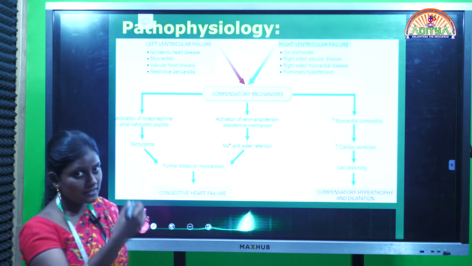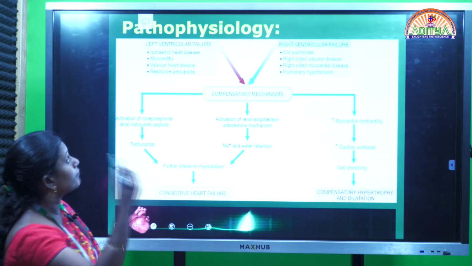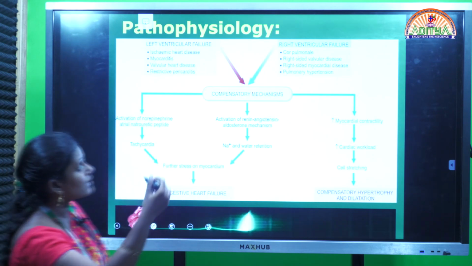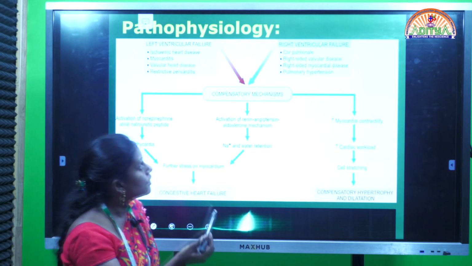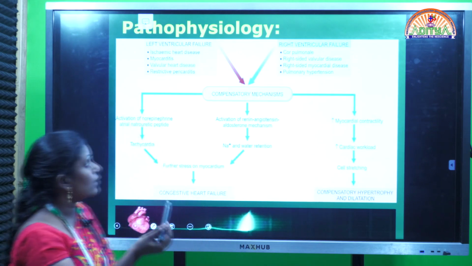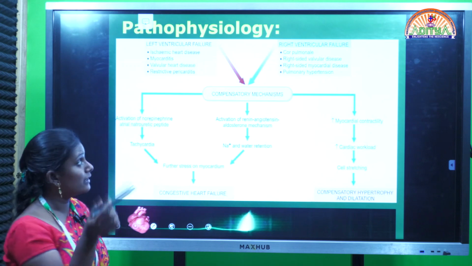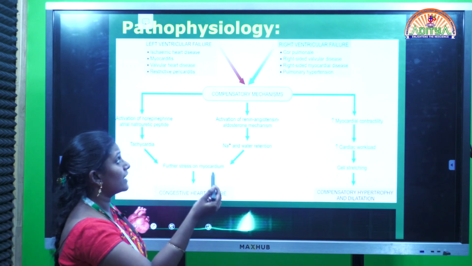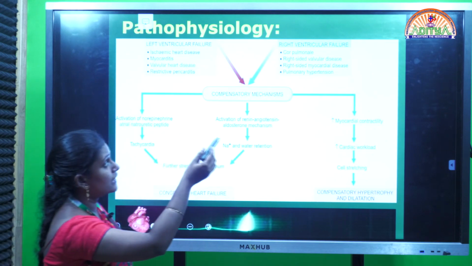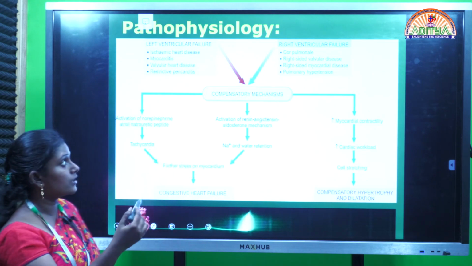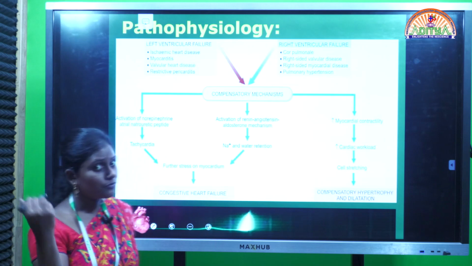The diseases which come under failure of the right ventricle include cor pulmonale, right-sided valvular disease, right-sided myocardial disease, and pulmonary hypertension. All these come under failure of the right ventricle.